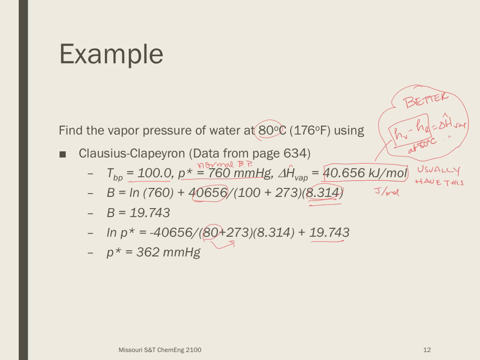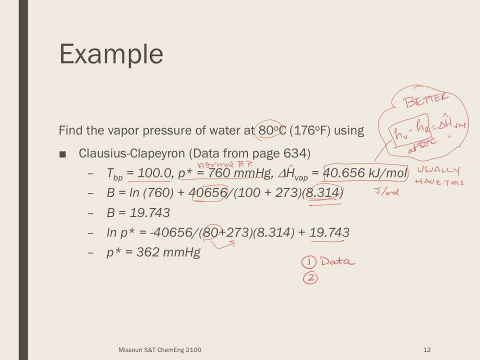Clausius-Clapeyron was a lot of work, and it wasn't even the best answer. Of these, I would recommend that we usually use data. So the best choice is to use data if you actually have it.